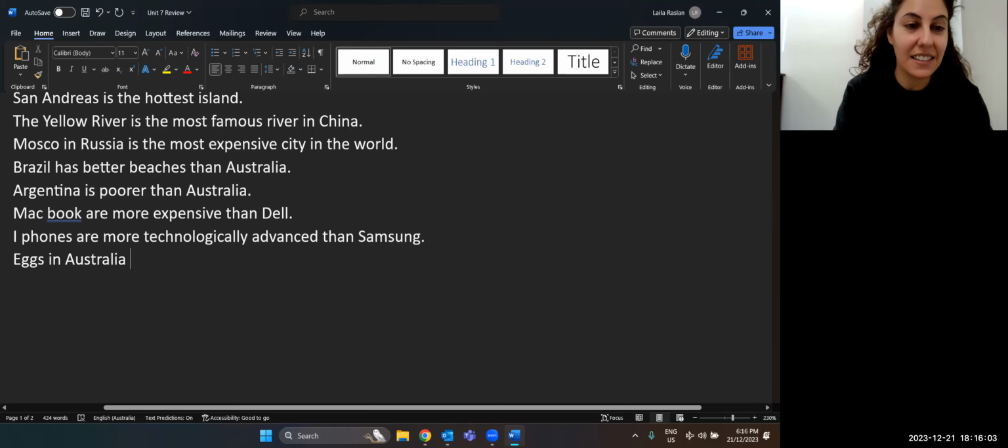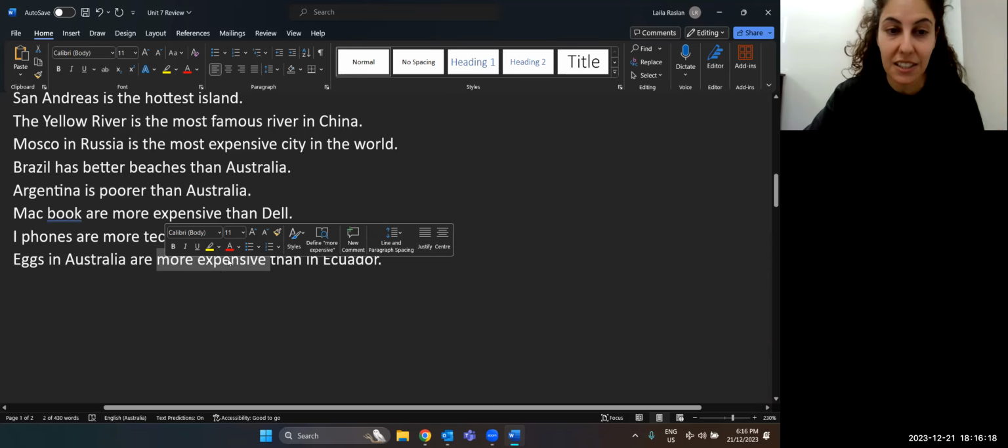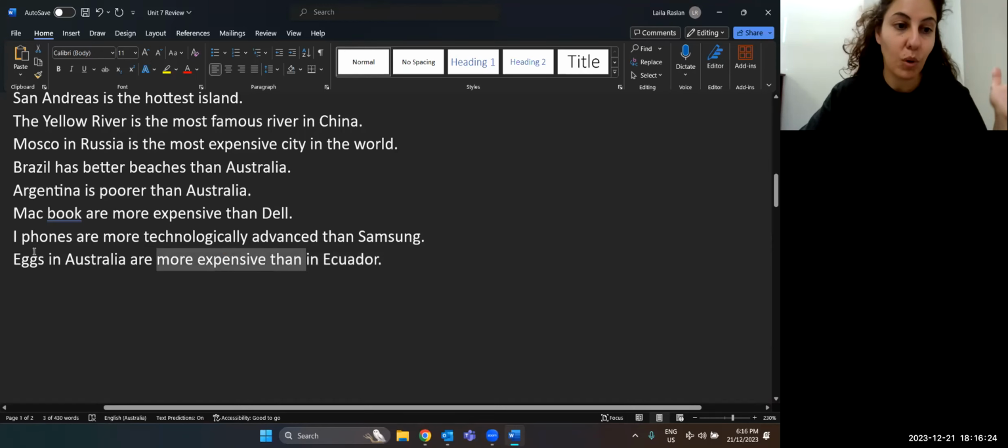Yeah, exactly. Eggs in Australia are more expensive than in Ecuador. Perfect. So ER is the comparative one, but because it's a long adjective, we don't change the adjective, we just add more expensive than. And two places. One is Australia, the other one is Ecuador, with the noun being eggs. Eggs in Australia are more expensive than in Ecuador.